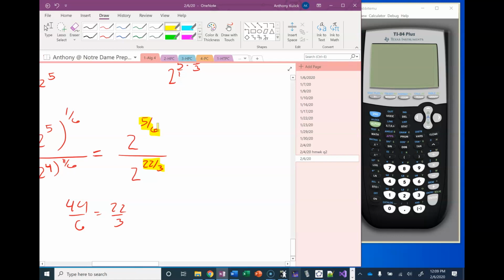Okay. So where were we? Okay. Many things I could do at this step. A lot of the things I can do at this step are going to be, let me say, unproductive. You might think to do the property where I subtract the exponent in the numerator and the exponent in the denominator.